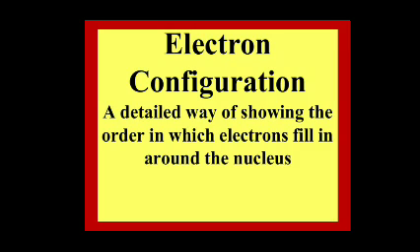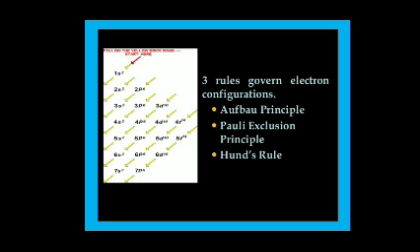The distribution of electrons in the available orbitals of an atom in the ground state is called electronic configuration. This electronic configuration is explained by three rules.